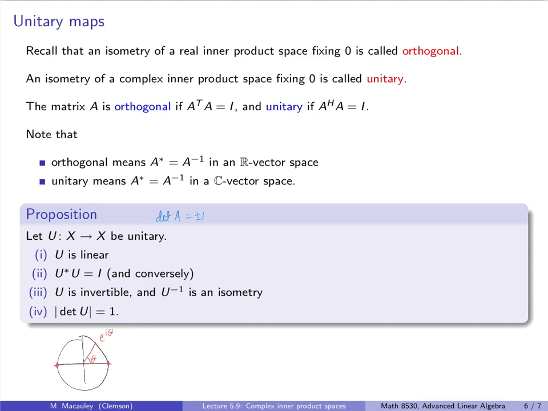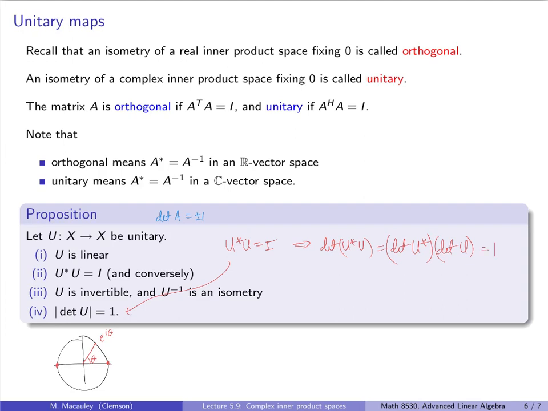The reason why this is true is because U star U equals the identity, so the determinant of U star U equals the determinant of U star times the determinant of U, which equals the determinant of the identity, which is 1.